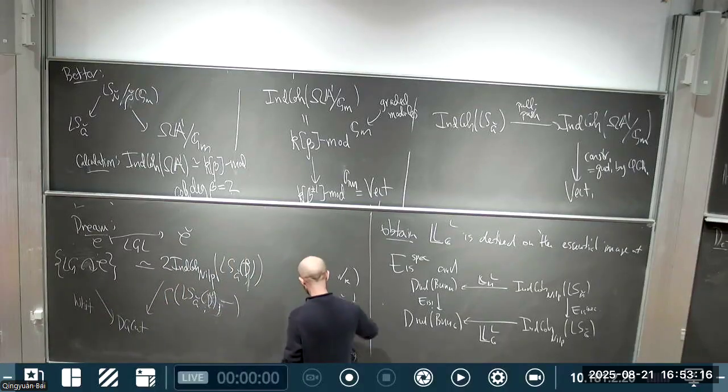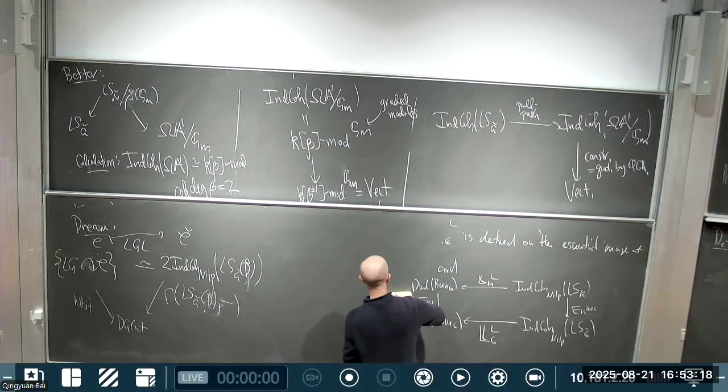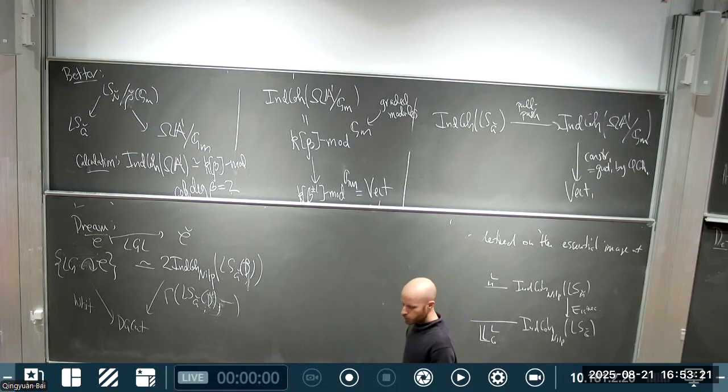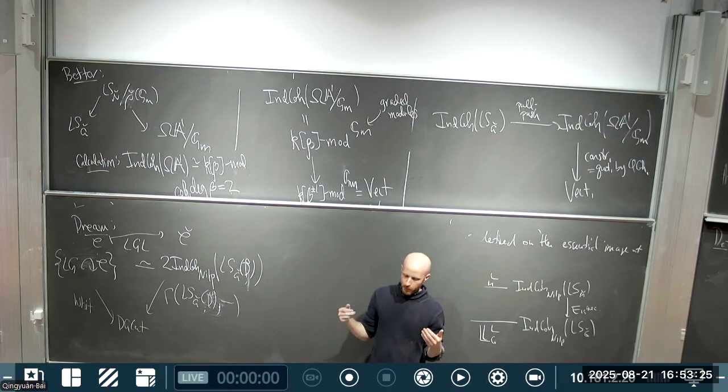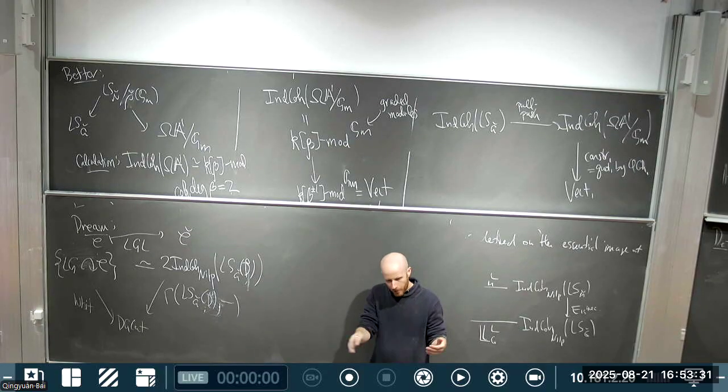But the general pattern in Langlands theory is that if you want to do some kind of global stuff, then at each prime of ramification, you need to understand local Langlands, at least up to that order of ramification.